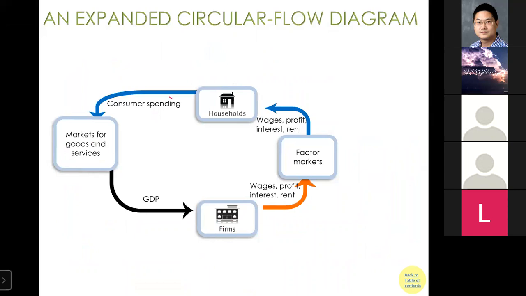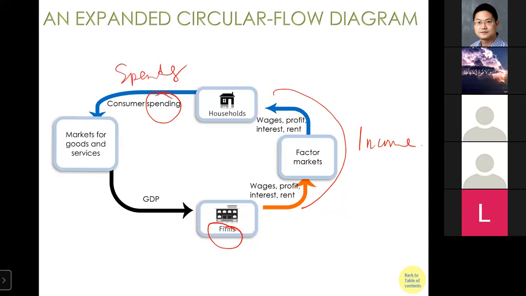This is spending, this is production, and this is income. This way, this is income. This is spending. And this is production. These are the 3 ways to keep track of economic activity.